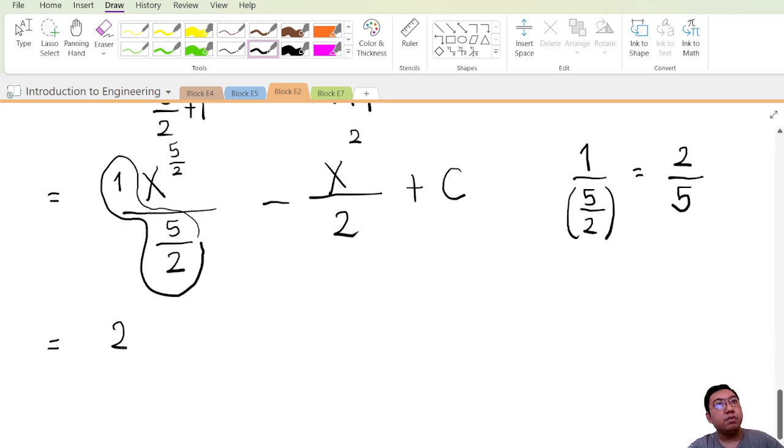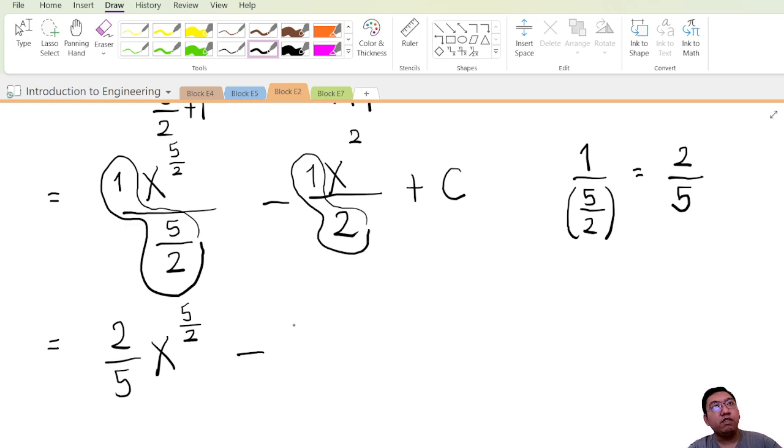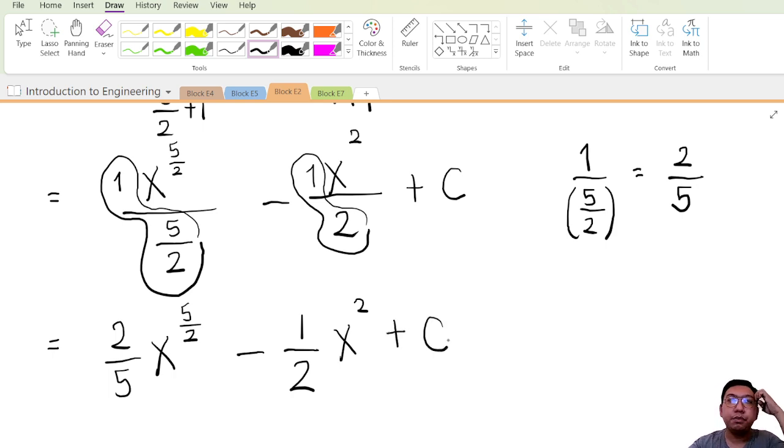So that becomes 2 over 5 times x to the power of 5 halves. Over the 2, there's an invisible 1, so you can make that the coefficient. So that's 1 over 2 x squared plus c. Very easy. Those are very basic examples.